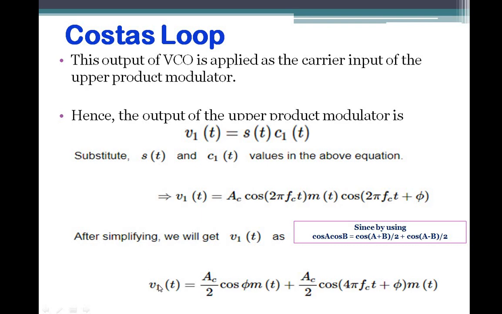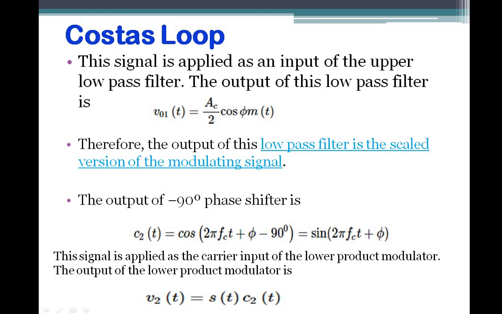Here we are using two low pass filters, right? For the upper part we have one low pass filter, and for the second part another low pass filter. When this equation is applied to the upper low pass filter, what output will you get?